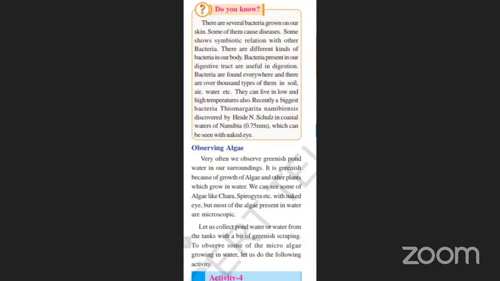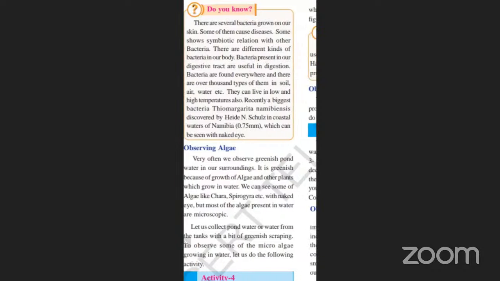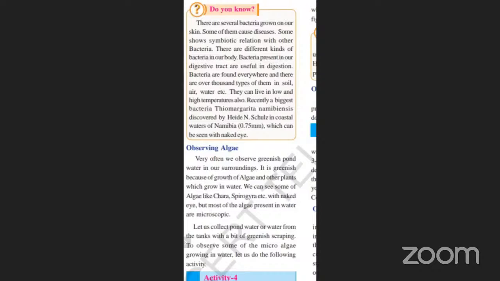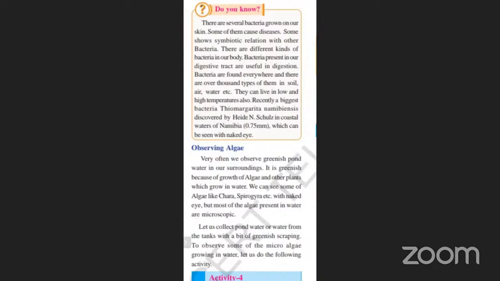For example, Rhizobium bacteria. Okay. In root nodules, do you know, like the root nodules of groundnut? Okay, groundnut, like that. In those root nodules, bubble-like structures, Rhizobium bacteria will stay.